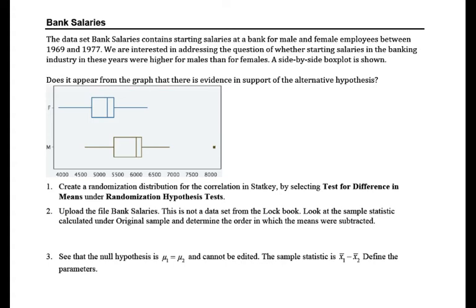We're going to revisit our bank salaries data set, and we can see from this side-by-side box plot that we are looking at salary. These are annual salaries, but the data are from the 60s and 70s, so this is kind of Mad Men money, right? 1960s.